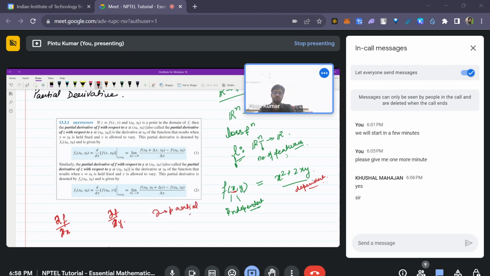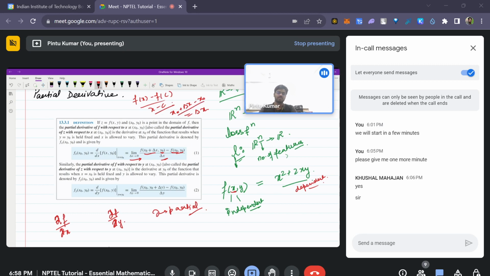Okay, so what is partial derivative? So earlier what you used to do was f of x minus f of c divided by x minus c, right? Now because you are changing only in the direction of x, this is defined as f of x naught plus delta x, y naught fixed as a constant, minus f of x naught comma y naught, divided by the change, that is delta x.